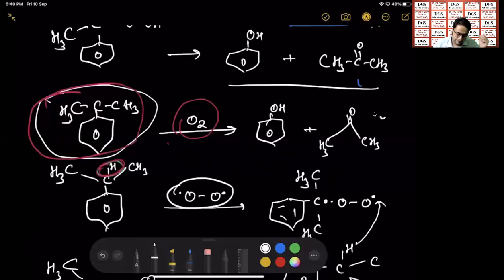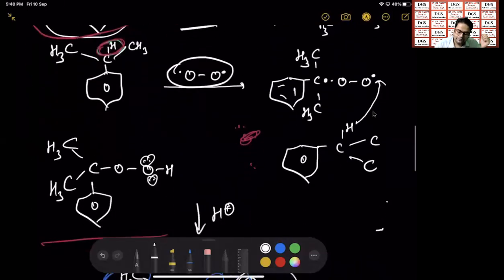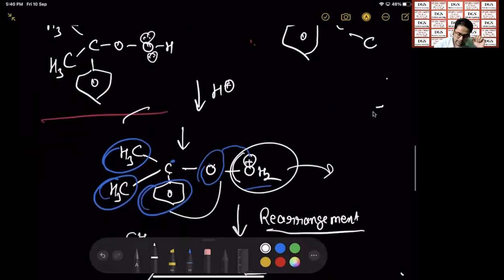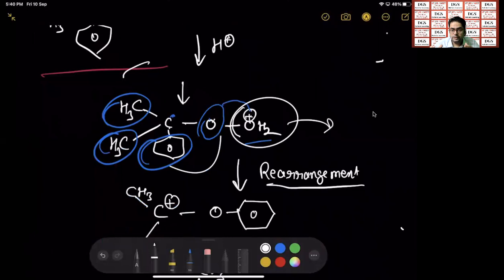With the help of atmospheric oxygen, we can form a radical. Then this radical gets converted into cumene hydroperoxide. Fine. This cumene hydroperoxide, with the help of the acidic H available, can form this. The plus will be acquired by this oxygen, which is not favorable.